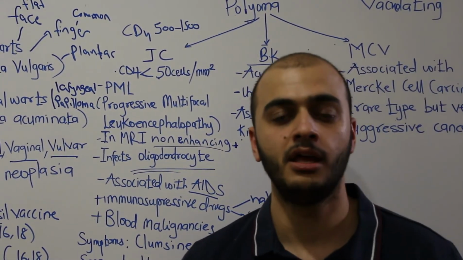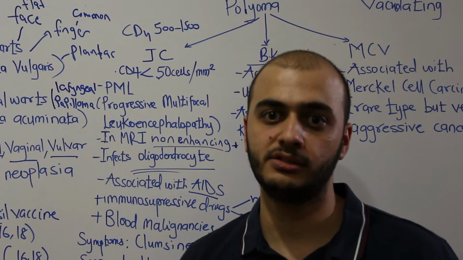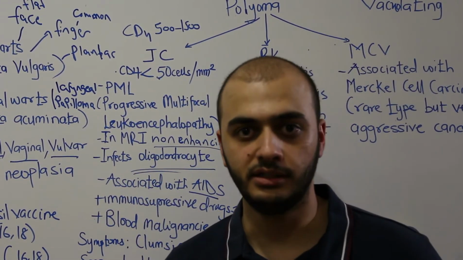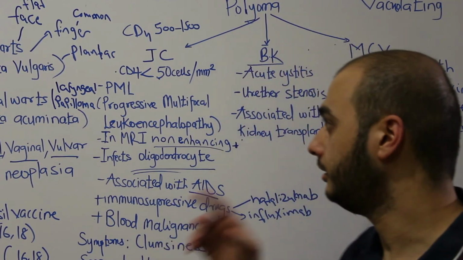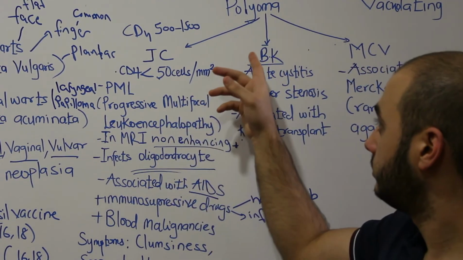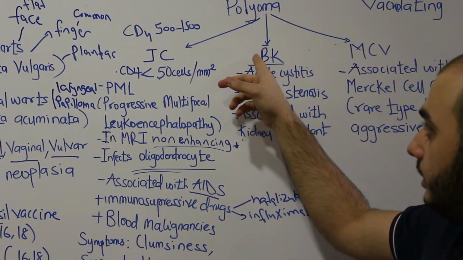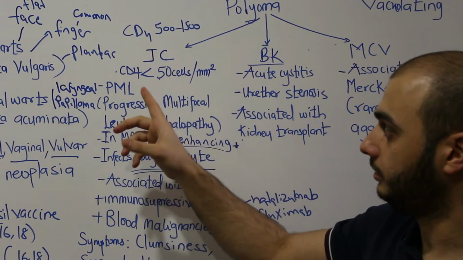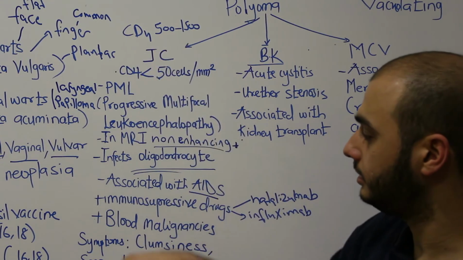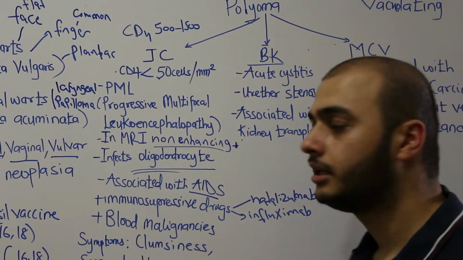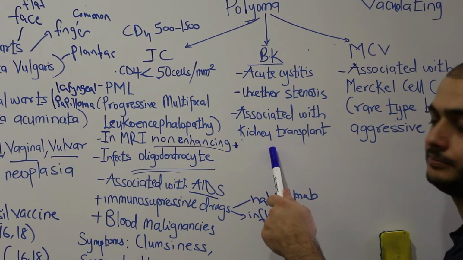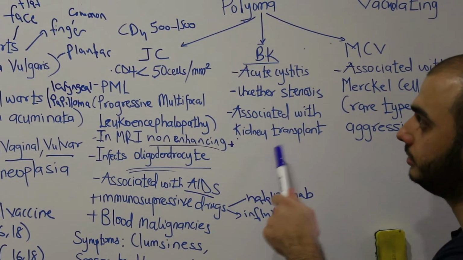Most of us have them, but because we have good immunity, this virus will just lie in latency inside our organs. Same, this virus will be reactivated when the CD4 count decreases, such as in AIDS or with drugs. Mostly it's associated with kidney transplant.